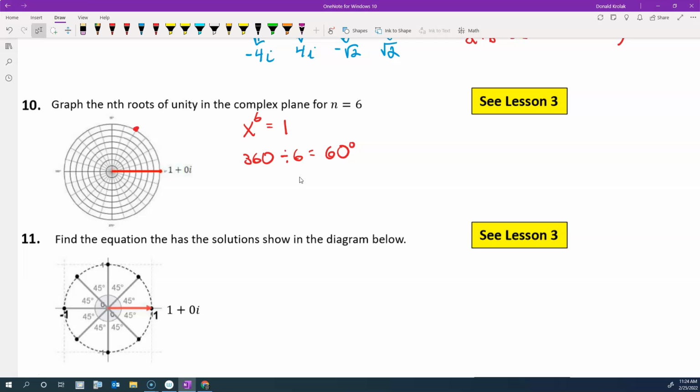So there's 60 degrees. Then 120. Then I add another 60, 180. And then another 60, 240. And another 60, 300. And then I'm back to the beginning. So there's my 6 roots.